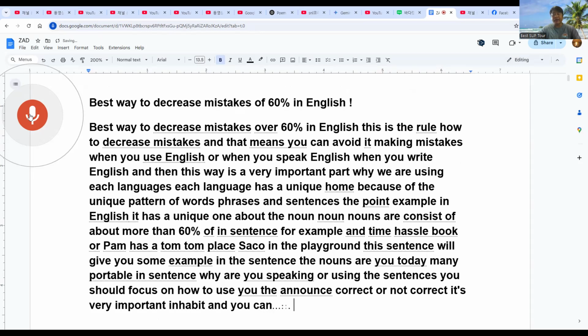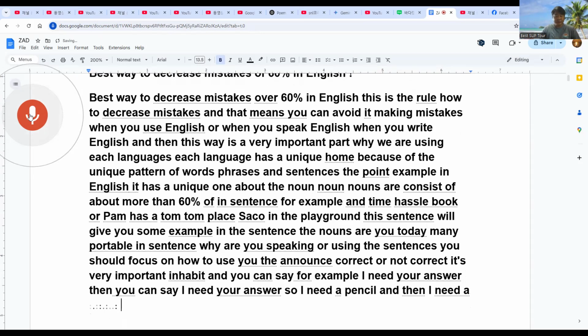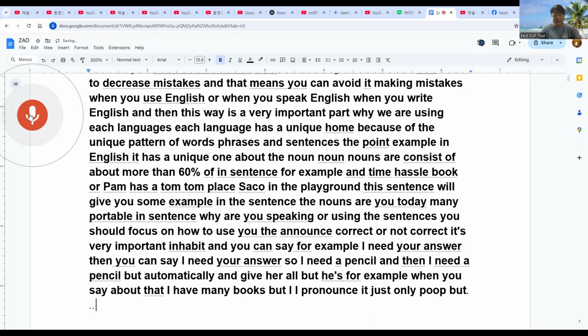You can say, for example, I need a pencil. When you say, I have many books, but I pronounce it just as book, voice typing automatically understands books, and that is good.